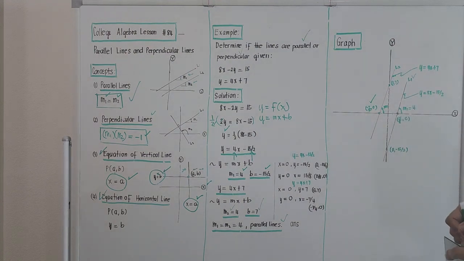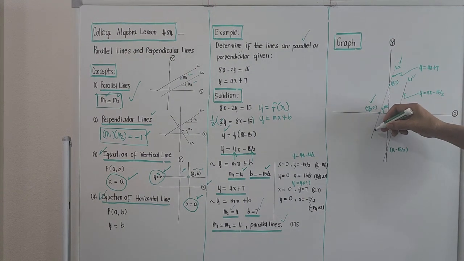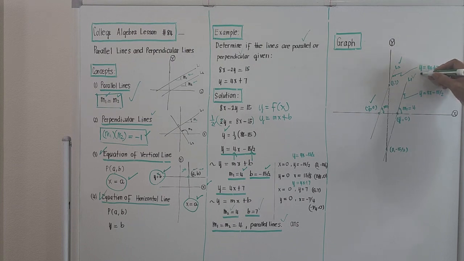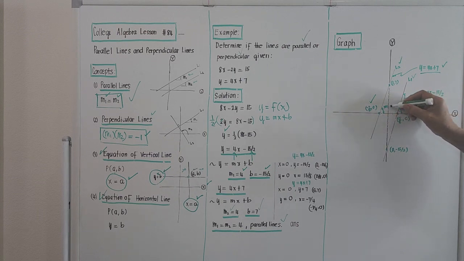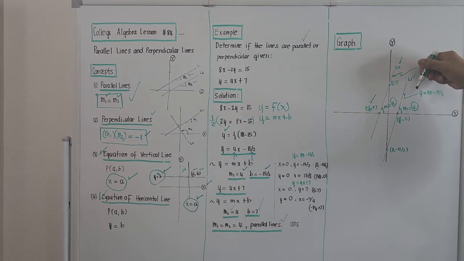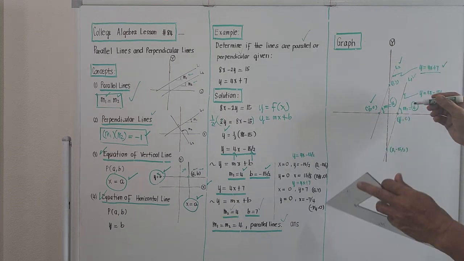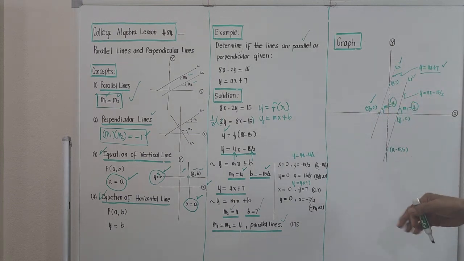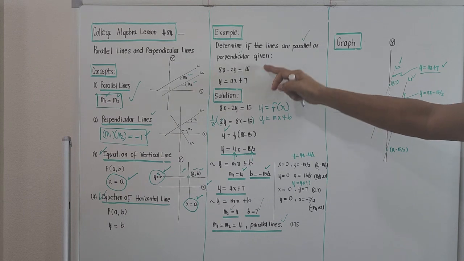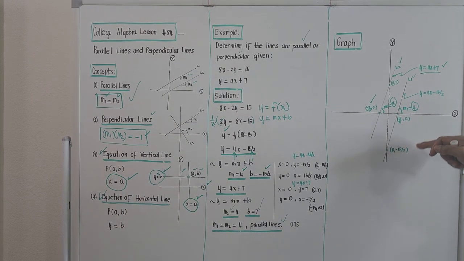So this is line number 2, and the equation is y equal to 4x plus 7. Right? And its slope with respect to the horizontal is equal to 4. This is 4, this is 4, they are equal. So this line here is parallel with this. So this is the complete graph of the two given linear equations.